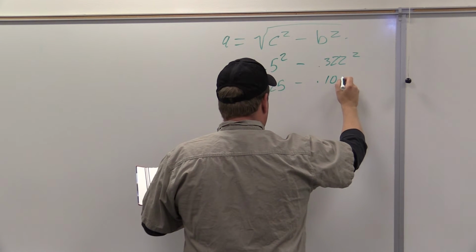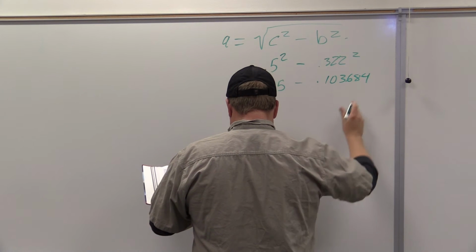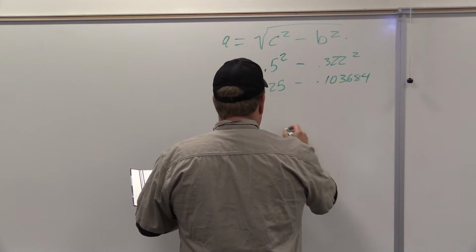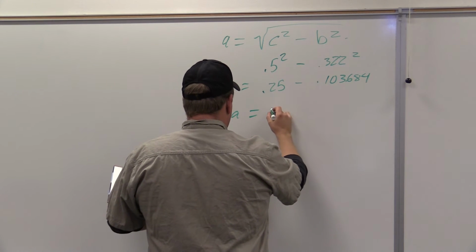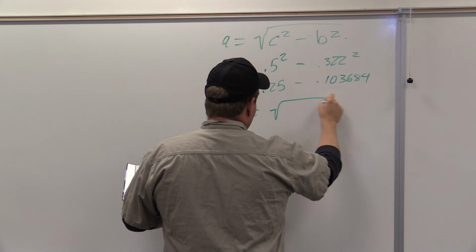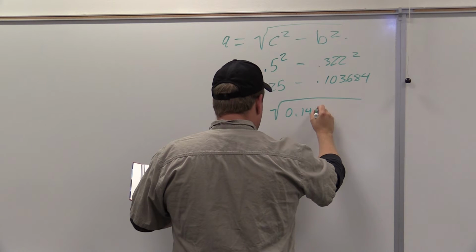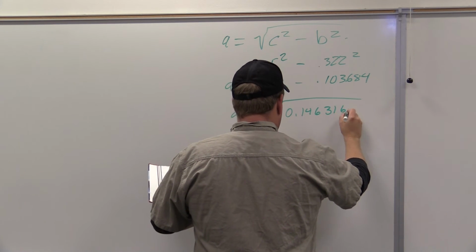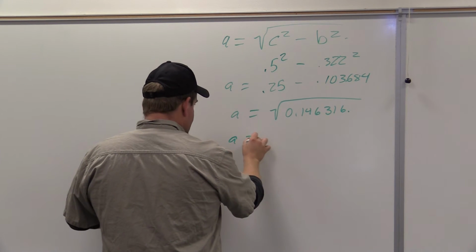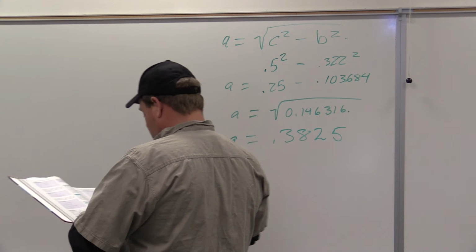It tells us we're at 0.010368. Okay? Then at that point, we have the square root of 0.146316, which ends up being 0.3825. Okay?